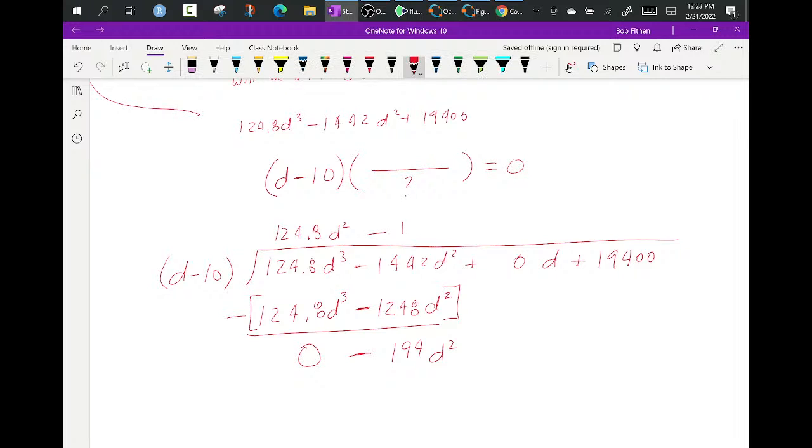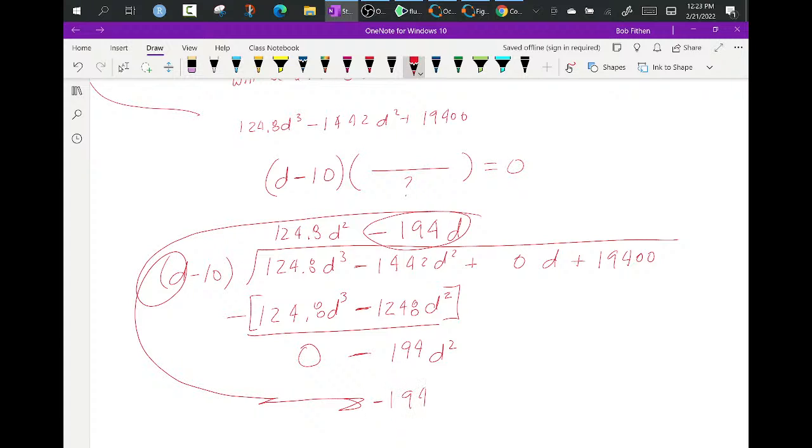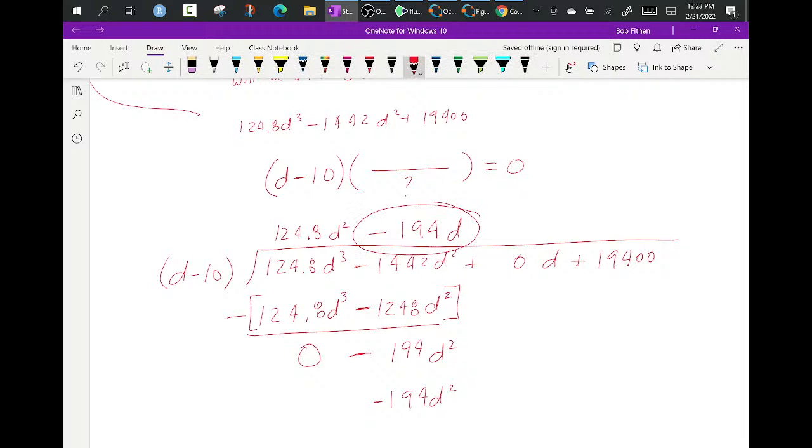So 194d. So I take this times this and put it right there. D squared. And take this times this and put it right here. Okay, it's a minus, there's a minus, which is a plus. 194, but there's an extra 0 and a d.